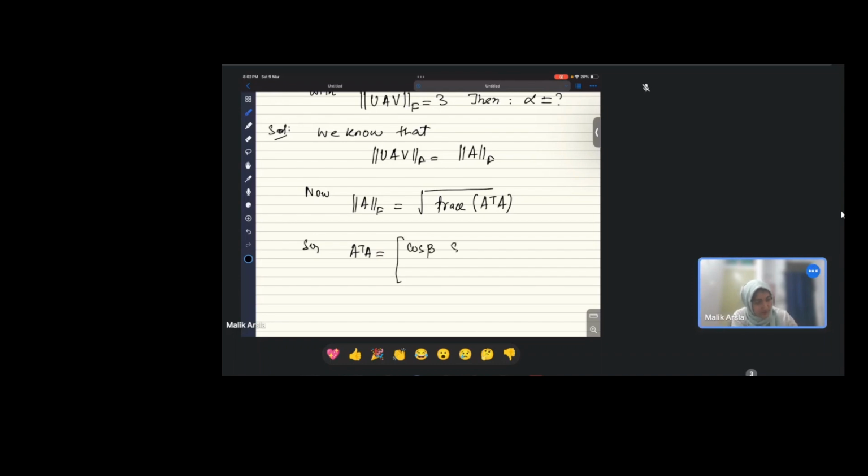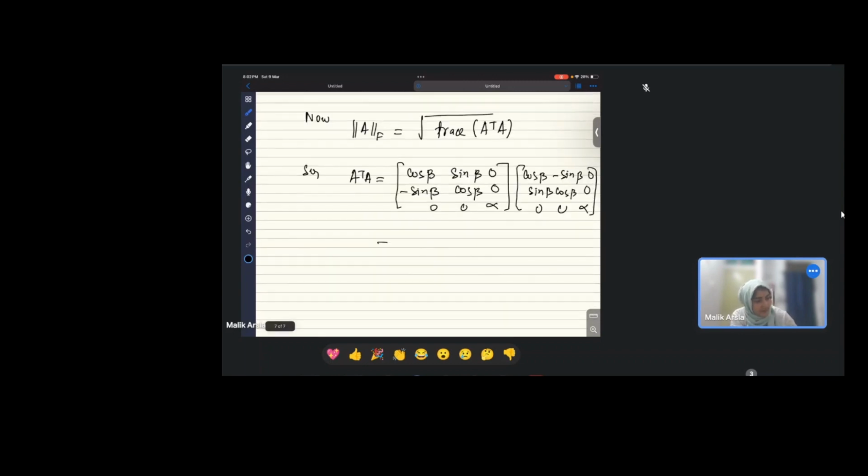A transpose is cos beta, sine beta, 0; minus sine beta, cos beta, 0; 0, 0, alpha. And A is cos beta, minus sine beta, 0; sine beta, cos beta, 0; 0, 0, alpha. Multiplying, cos square beta plus sine square beta is 1.